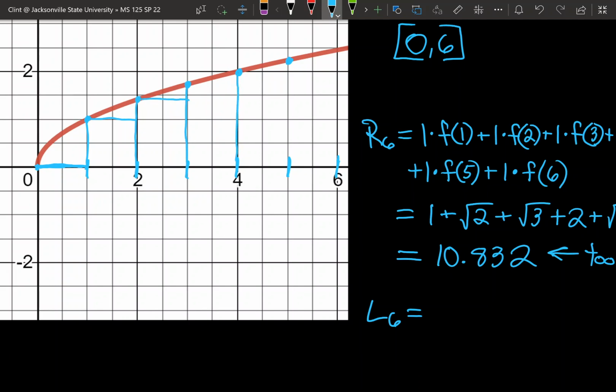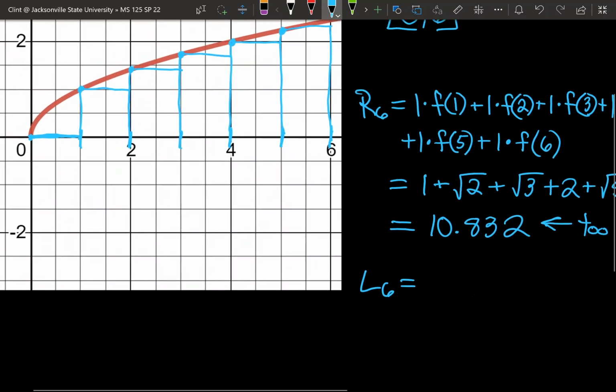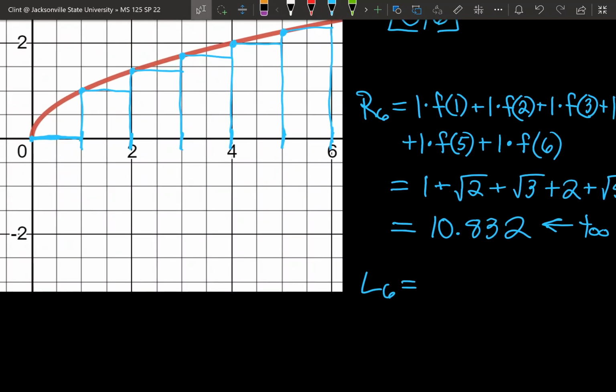And then this one goes here. Same idea. Each one's 1 wide times, but this time we're using the left endpoint, so it'll be f of 0.